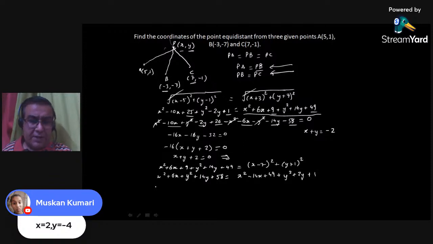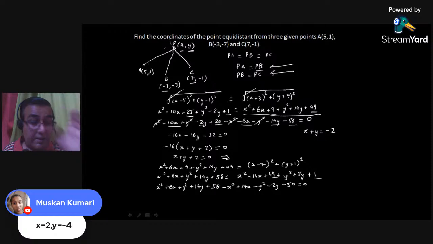Bringing everything to the other side, I get x square plus 6x plus y square plus 14y plus 58 minus x square plus 14x, again 49 and 50 I'll write later, minus y square minus 2y, and 49 plus 1 is 50. When it goes to the other side it becomes minus 50 is equal to 0.